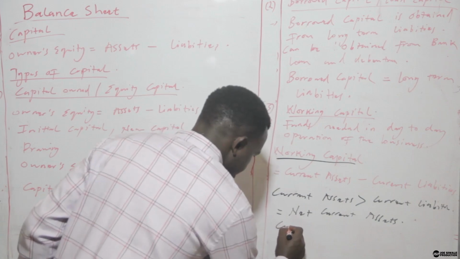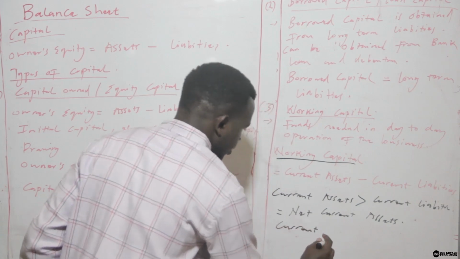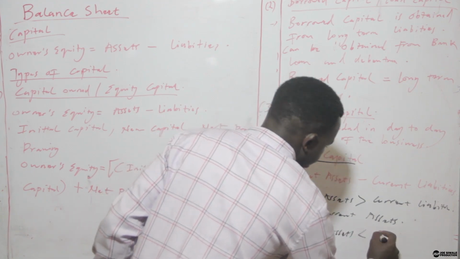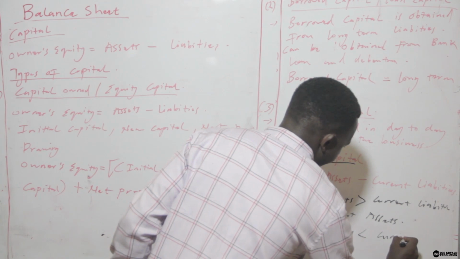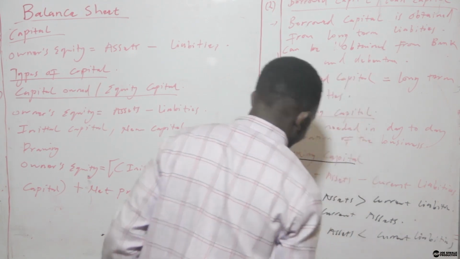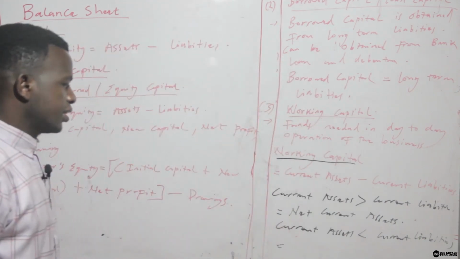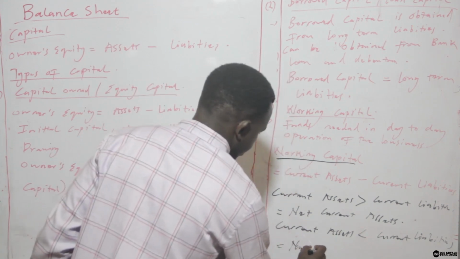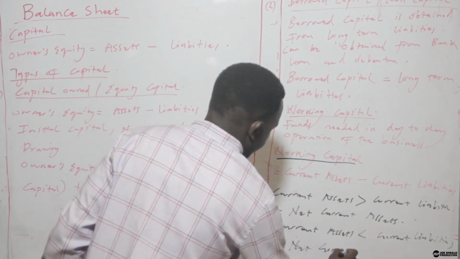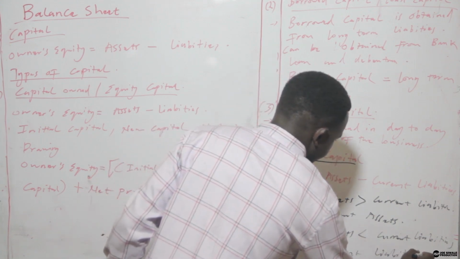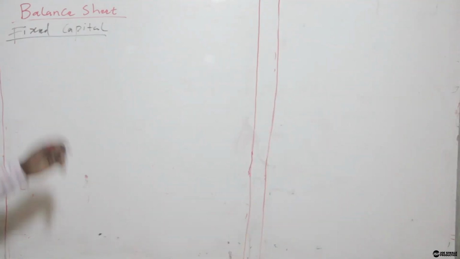So where the current assets are less than the current liabilities, that means that we're going to have net current liabilities. So in this instance, we're going to have net current liabilities. So let us now look at the other type of capital, which is fixed capital.